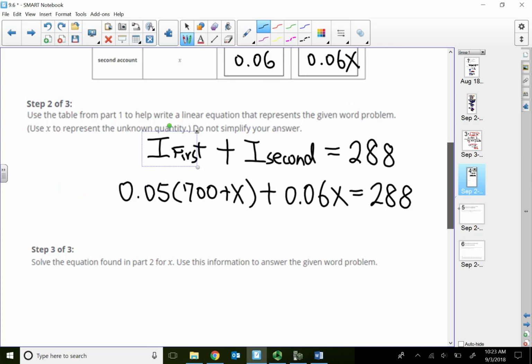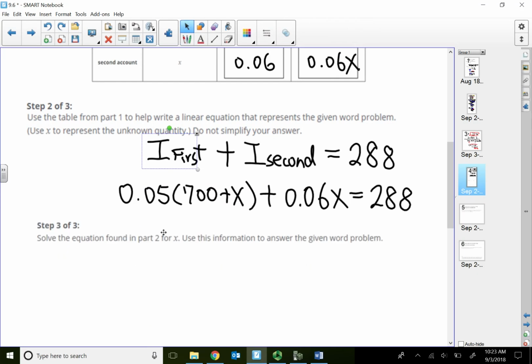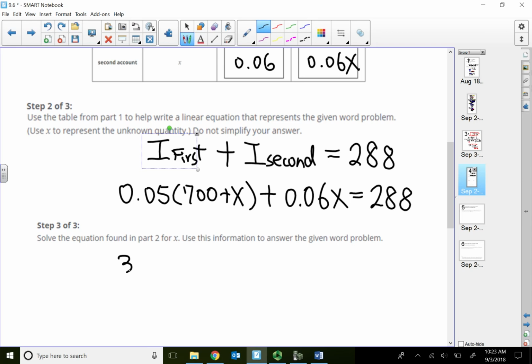Now I just solve for X. For step number 3, 0.05 times 700, doing a distribution, is 35. So that's 35 plus 0.05x plus 0.06x equals 288.